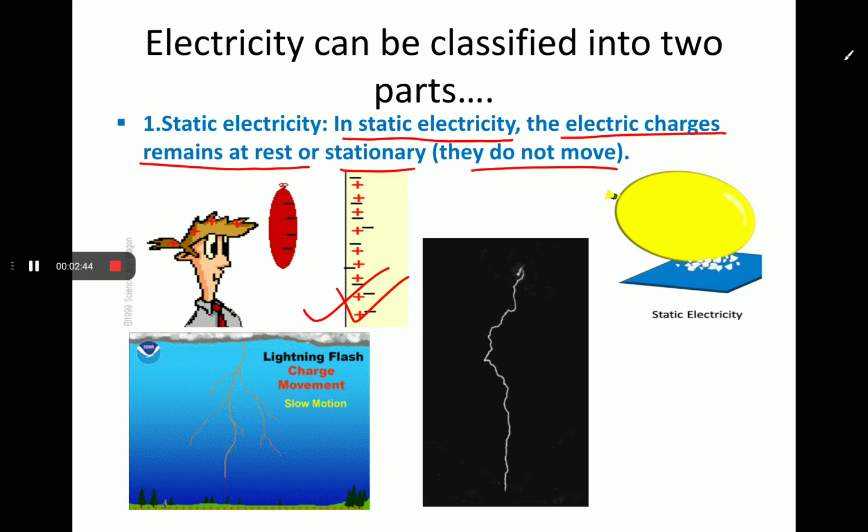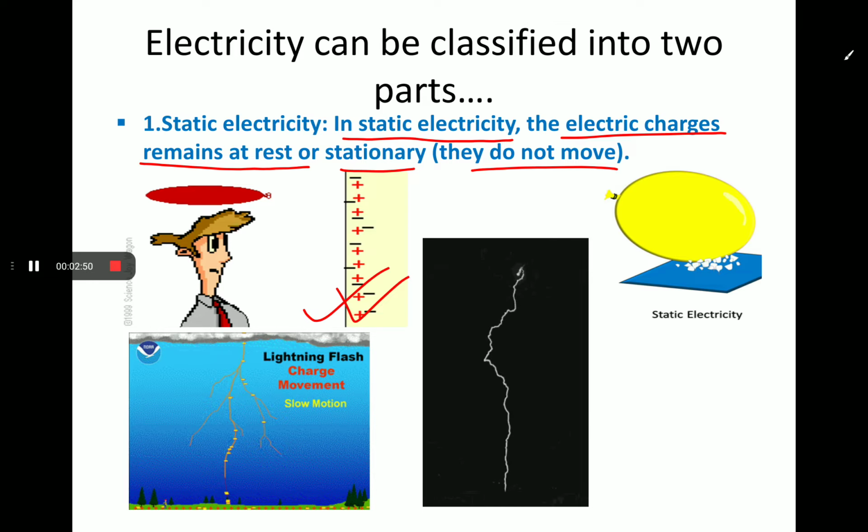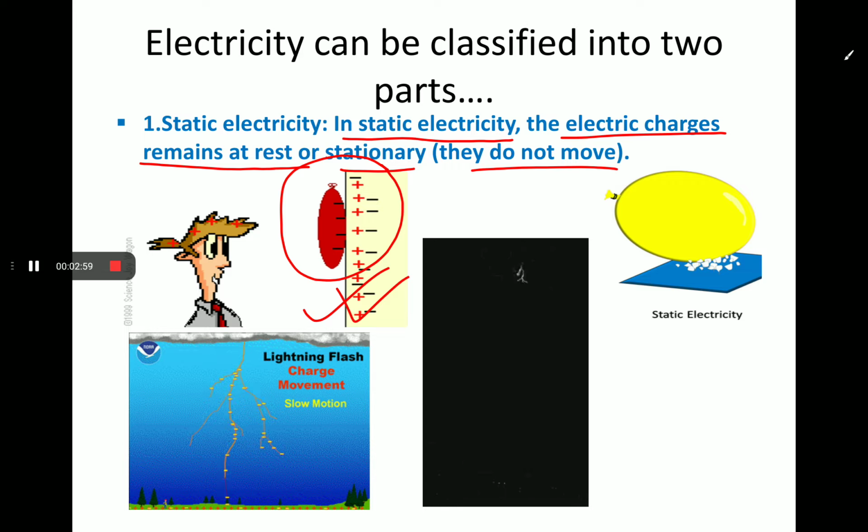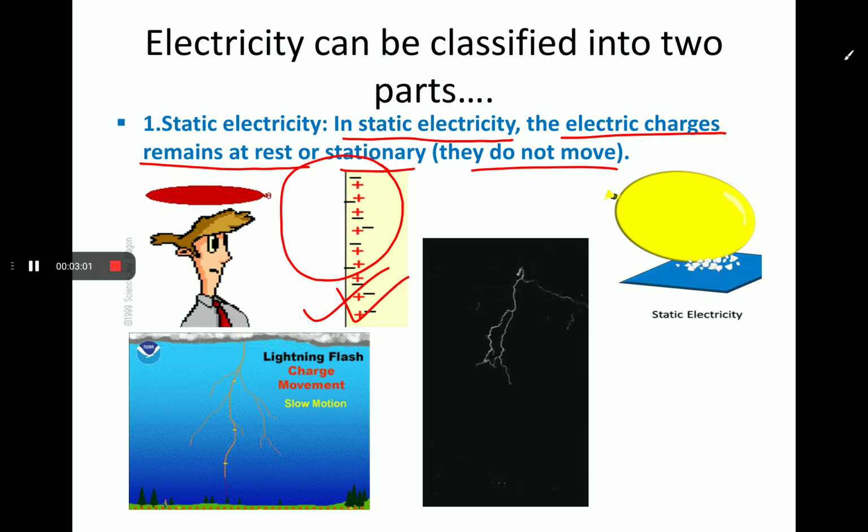And we know that when two oppositely charged particles come near each other, there is electrostatic attraction between them. You know it very well because it is one of the properties of charges, that unlike charges attract each other.